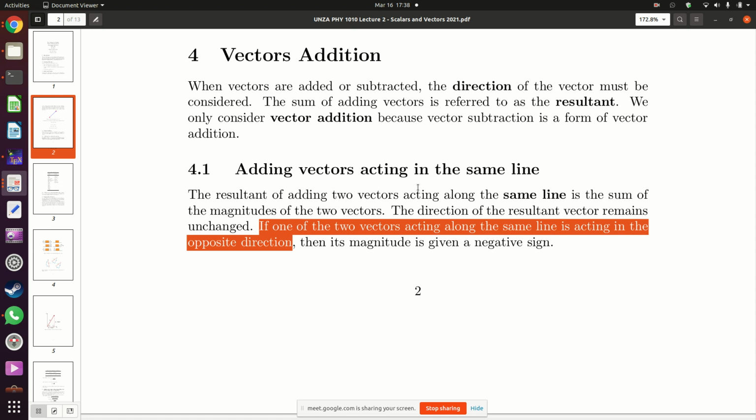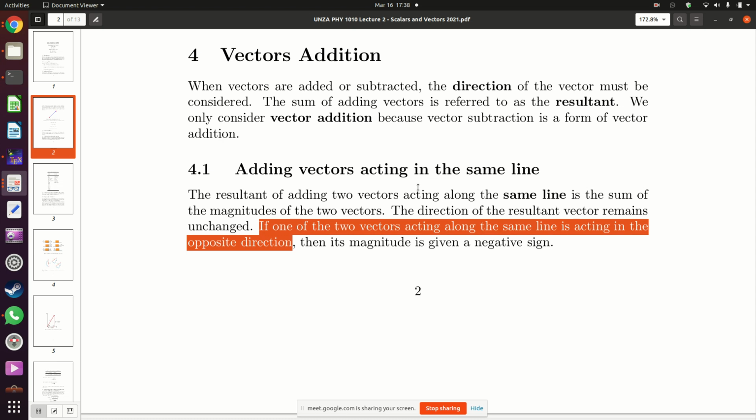So all the vectors we have, we'll try to make them point along the x direction or along the y direction. Then since all the vectors pointing along the x direction act along the same line, we can just add them. All the vectors pointing along the y direction act along the same line, so we can just add them.